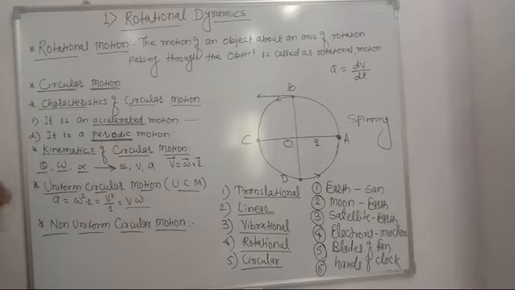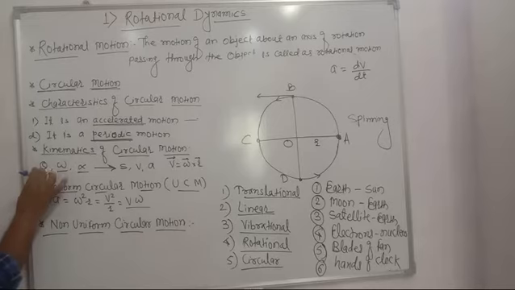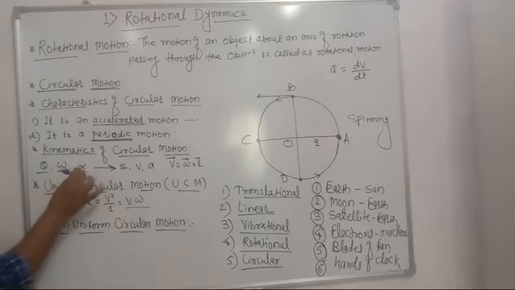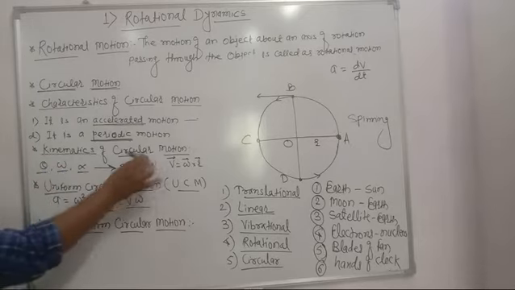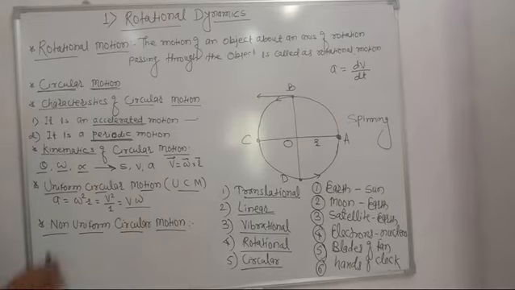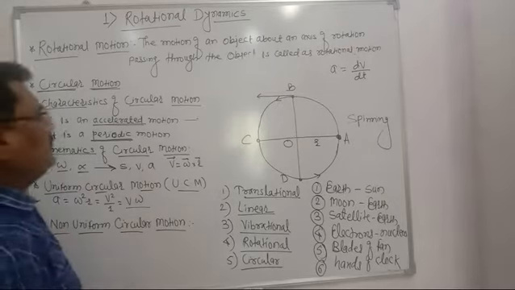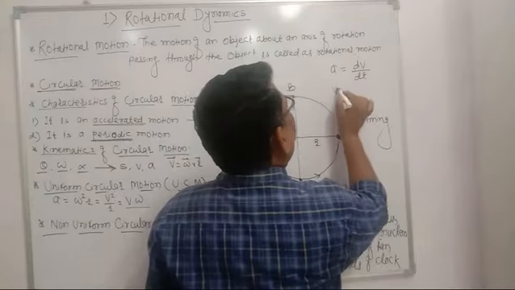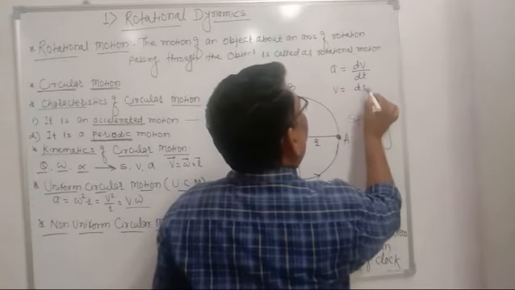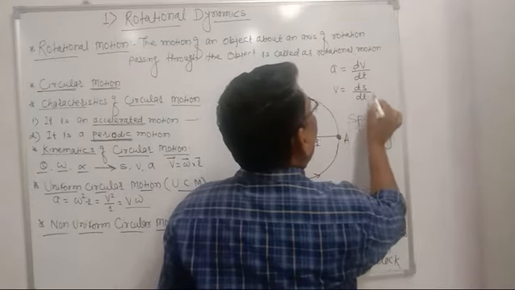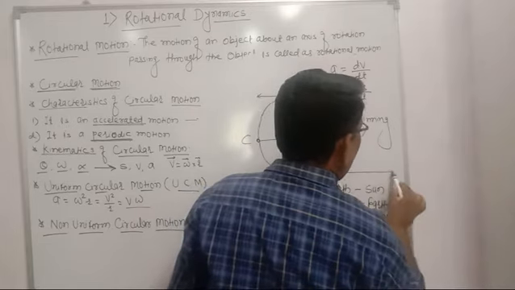First of all, you have to know what is angular displacement, angular velocity, angular acceleration, linear velocity, linear acceleration. Now, what is linear velocity? Linear velocity is the rate of change of linear displacement with respect to time.